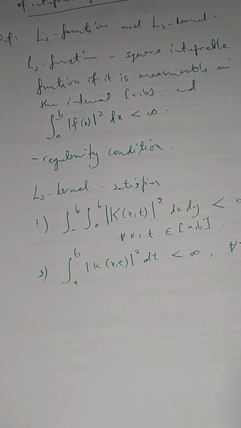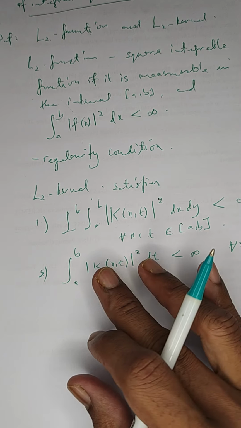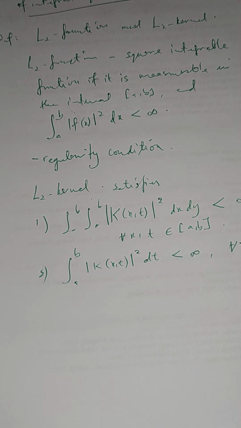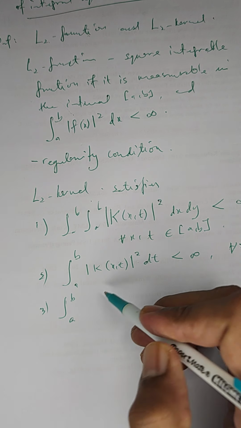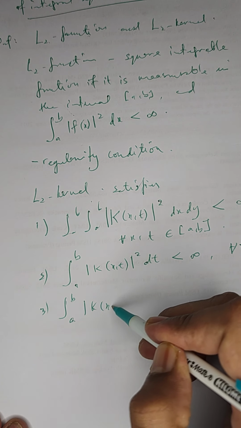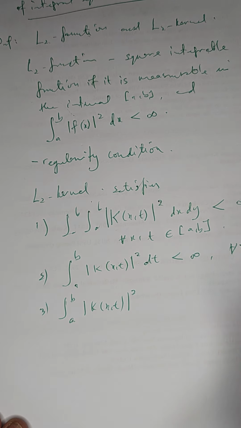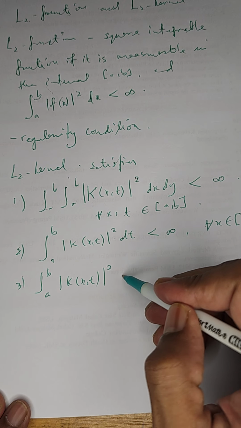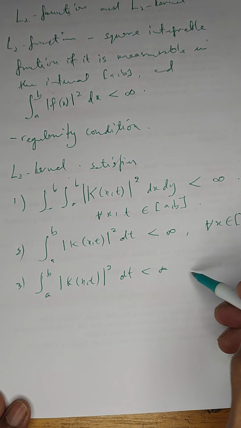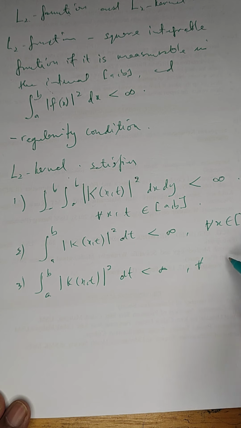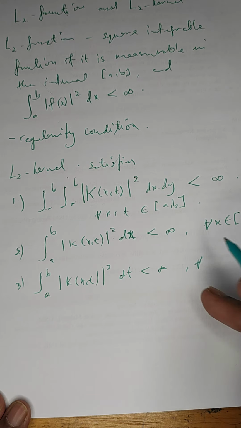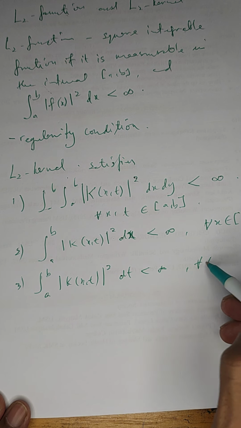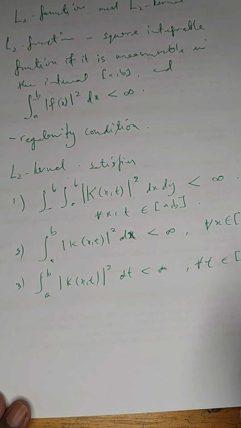Condition number 3: the integral from a to b of |k(x,t)| squared dx is finite, for all t in AB.